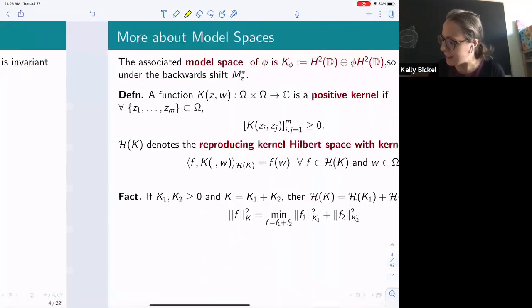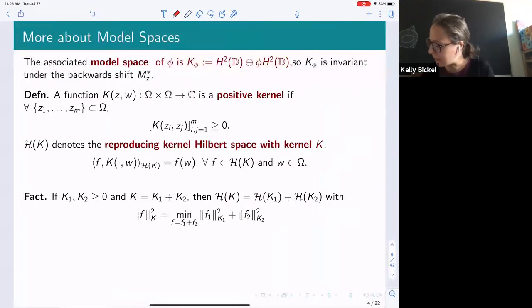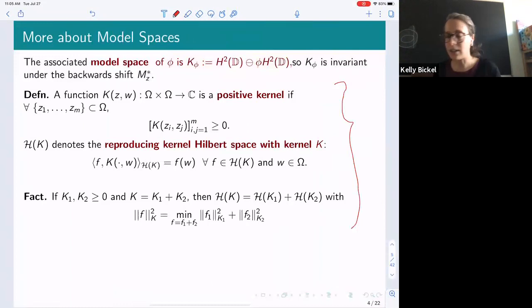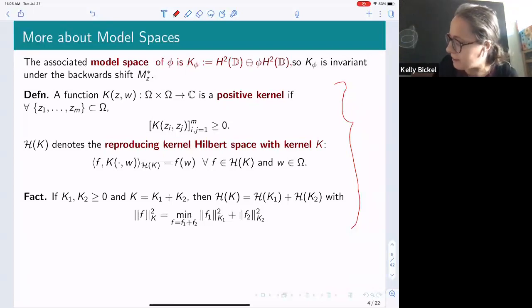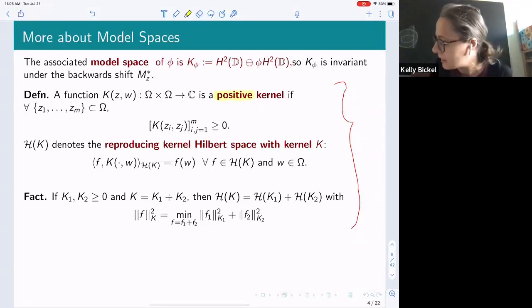Now I want to take just a brief interlude here and remind you all about some properties of model spaces, I suppose, but just more generally, reproducing kernel Hilbert spaces. So first, let's just recall the definition of a positive kernel.